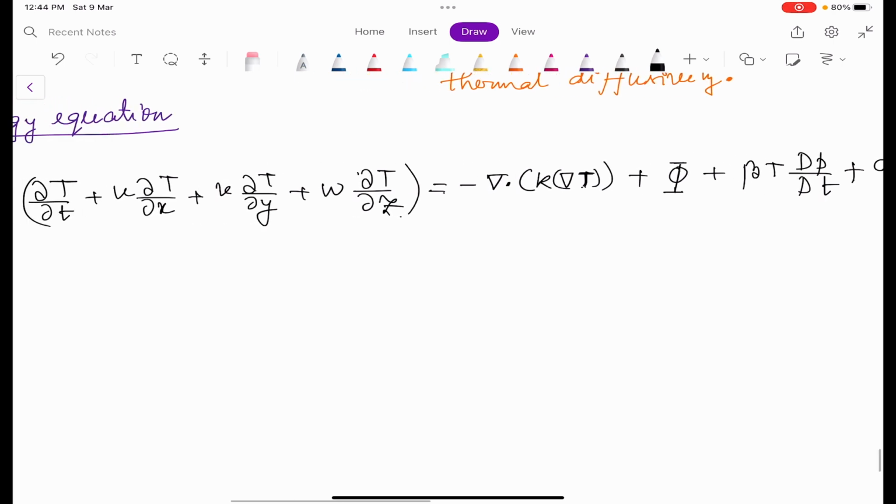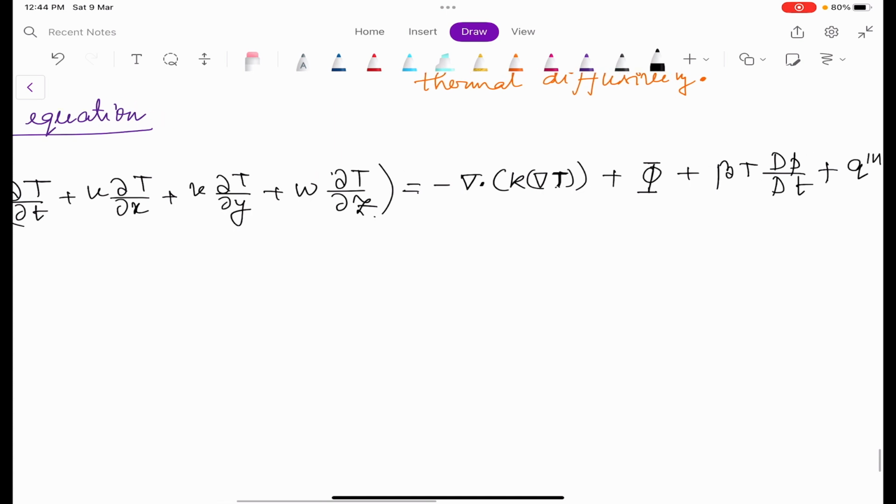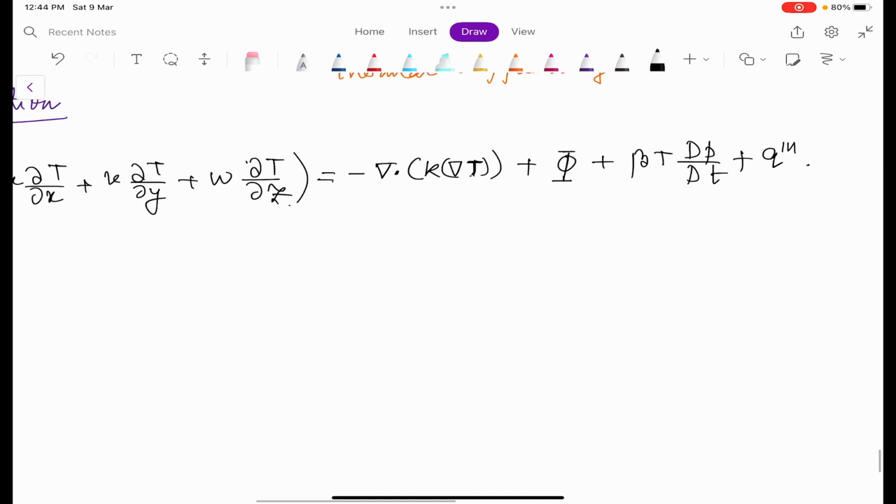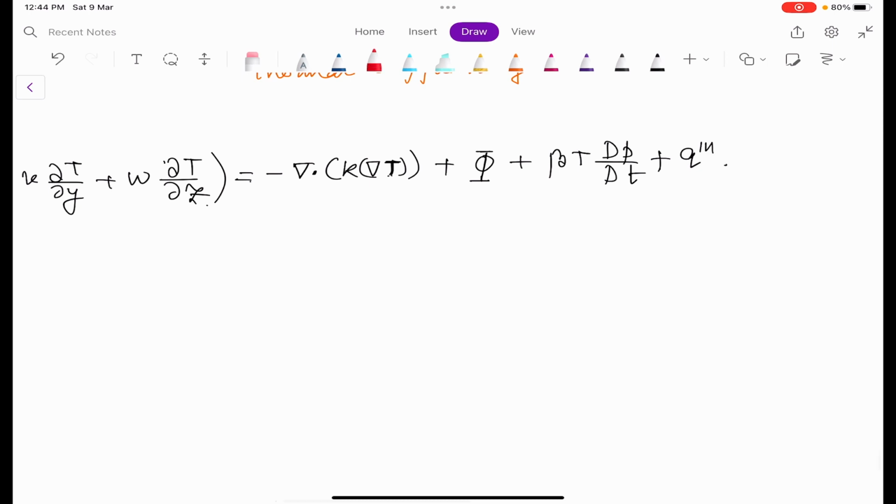If that is correct, now we take some assumptions: that viscous dissipation is not important, and for an incompressible fluid this beta is 0. Constant property fluid.